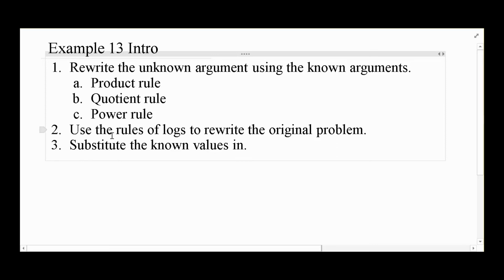Then you're going to use your rules of logs to rewrite the original problem using the known arguments only. Then we can substitute the known values that were given to us in the directions. So let's go back to that example and see if we can do those problems now.